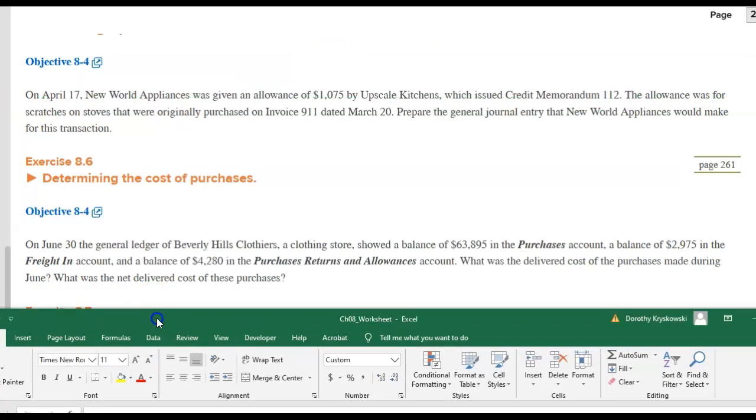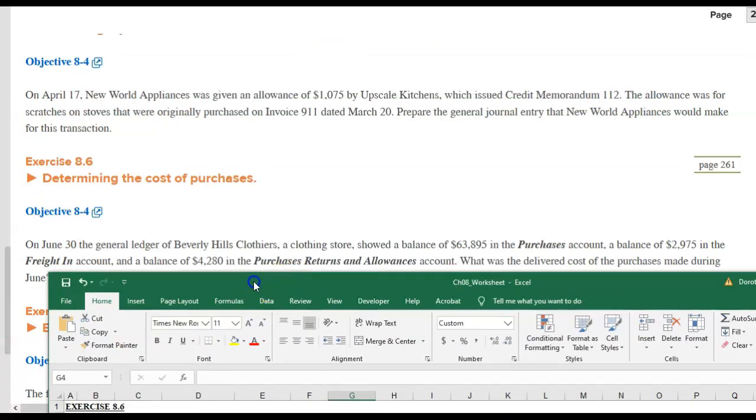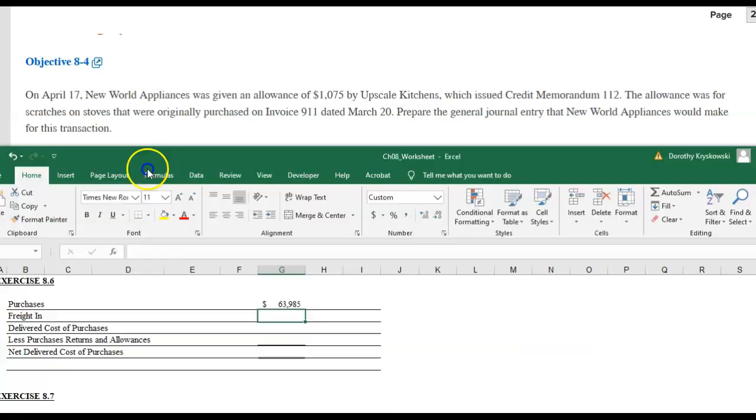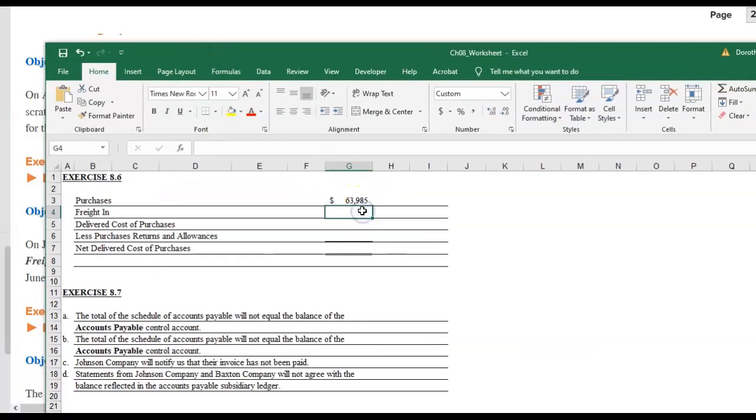I have a balance of $2,975 in the freight in. That's what I thought. Okay, $2,975. So if we go ahead and add that up, that's going to be the cost of everything we bought for the month. Everything costs $66,870.